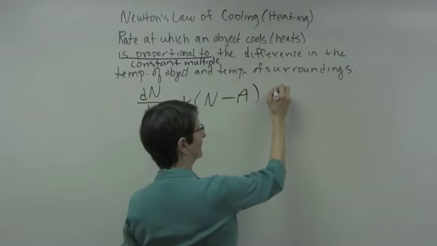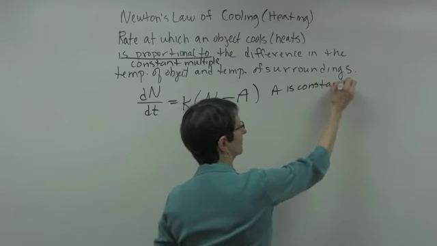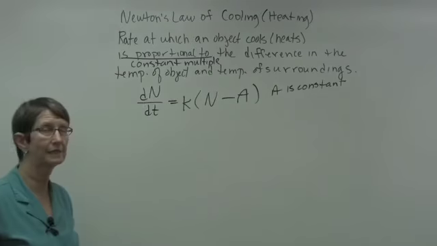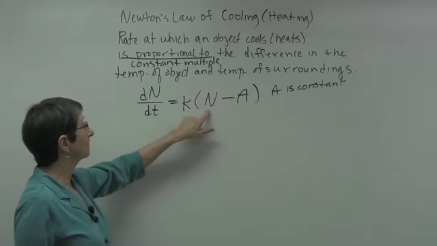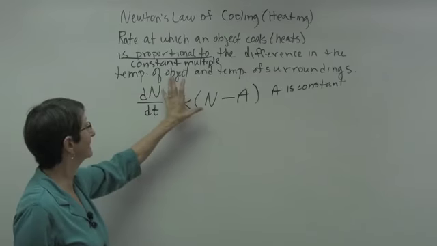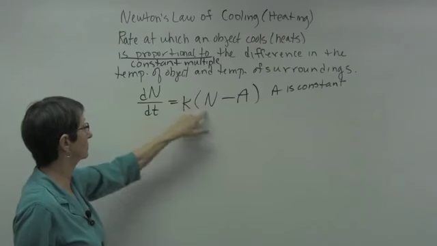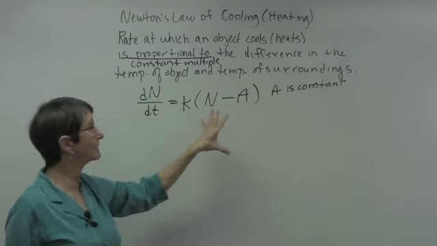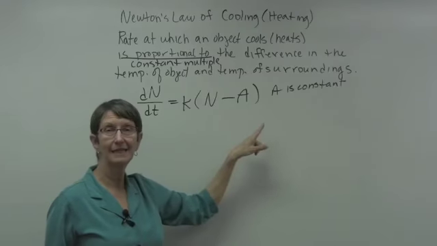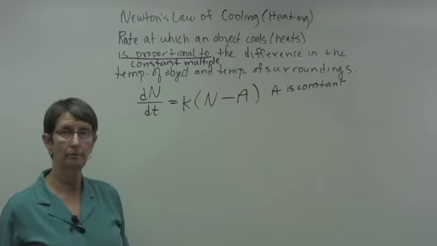Now, A is a constant, and it can be a temperature of the surroundings, it can be usual sales, it can be a variety of different things. N is the function, the temperature of the object, or the usual sales. And this formula can switch. Sometimes it'll be A minus N, depending on whether it's a cooling or a heating problem.